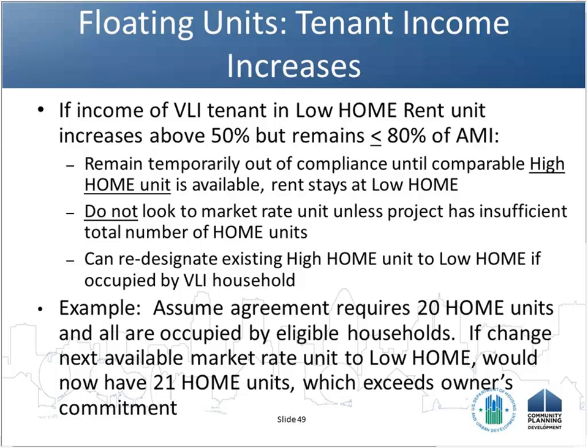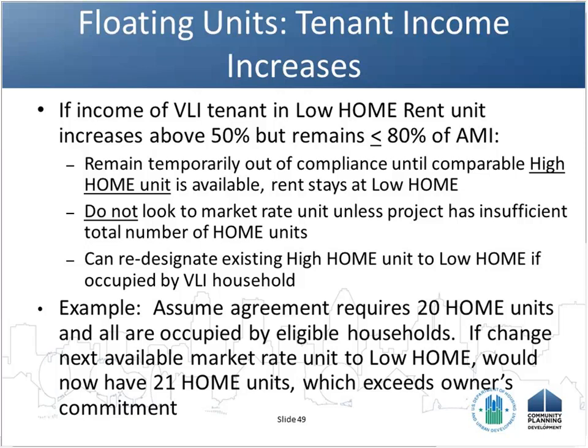We're not going to be looking to our market rate units to do this swap out, and that's for both fixed and floating, because we're not going to require that building owner to essentially add additional home designated units.